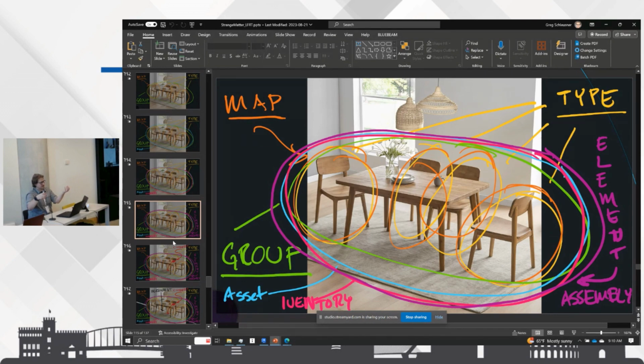Versus the idea that, if I do this, why would I ever export it? I actually have the original representation, I just placed it.